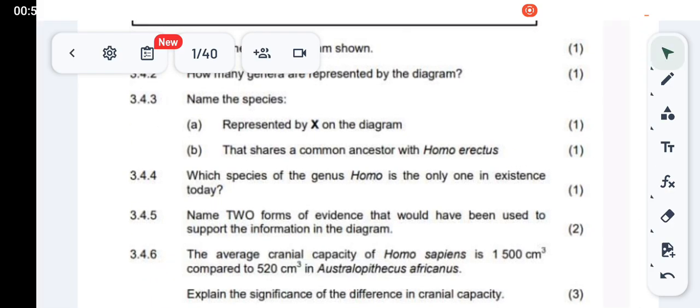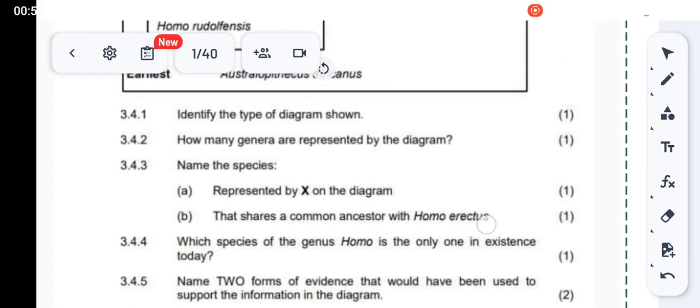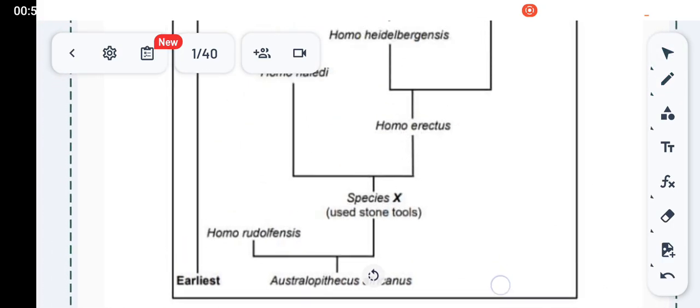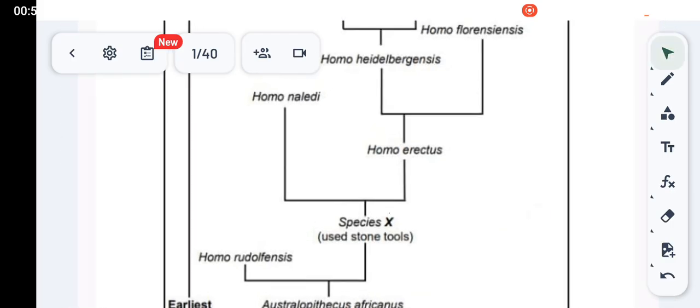Then moving to the next question, which is 3.4.4. Which species of the genus Homo is the only one in existence today? So we've got so many Homos here: Homo naledi, Homo what, Homo what.